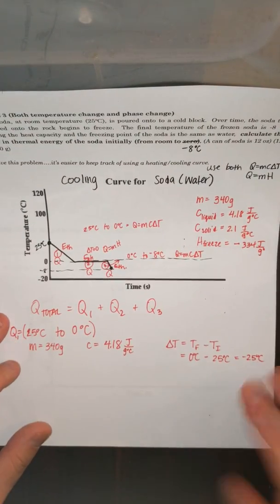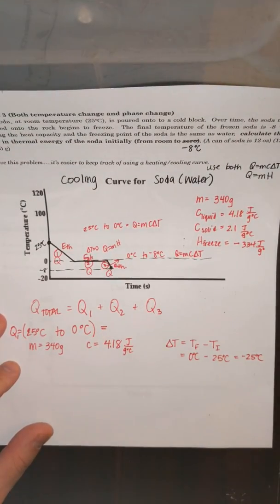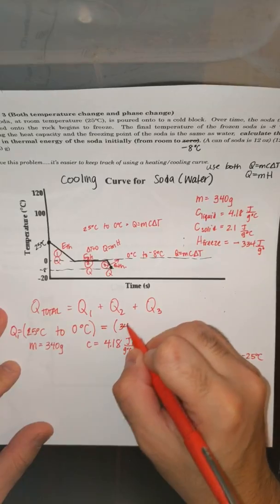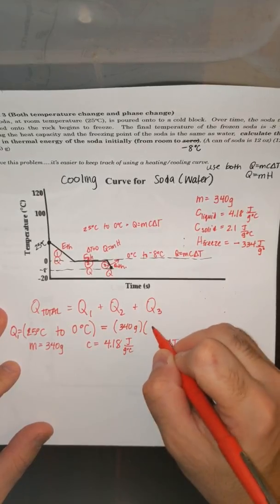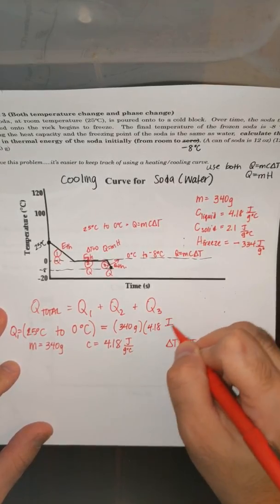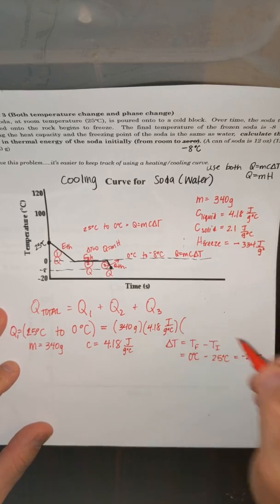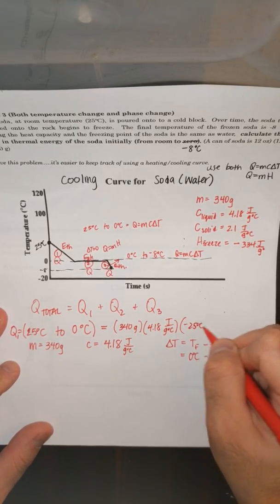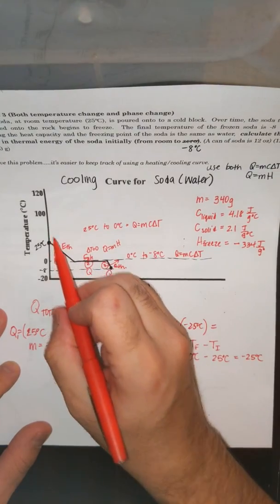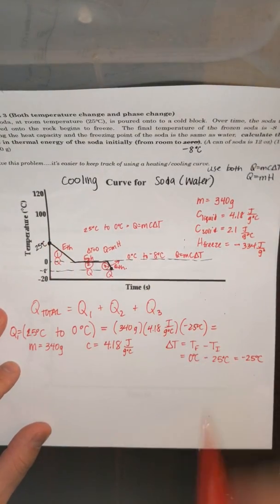So now I can plug this in. I'll do 340 grams, 4.18 joules per gram degrees Celsius, and negative 25 degrees Celsius, to cool it from 25 to 0.